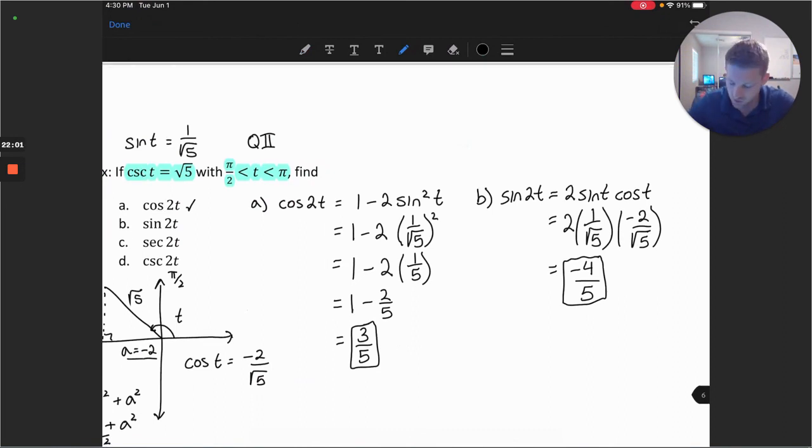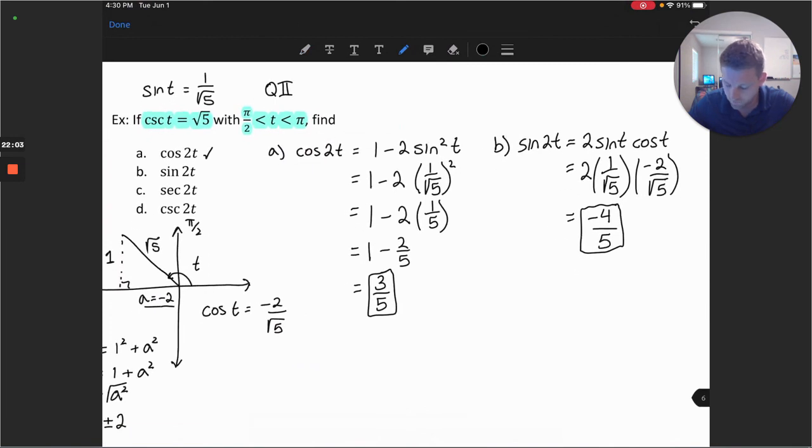All right, and we have two other reciprocal functions to find here. So we'll do part C next. Part C is for the secant of 2t. Remember, the secant function is 1 over the cosine function. So that goes for the double angles as well. We can take the reciprocal of cosine 2t.